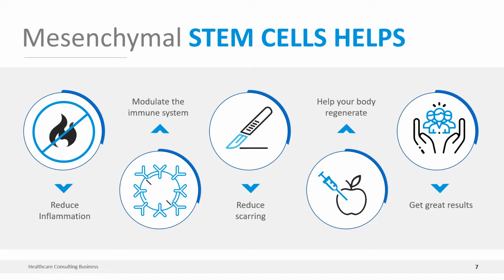The next thing they do is they help modulate the immune system. What does that mean? Well, a lot of people don't realize that the immune system plays a pretty active and important role in actually not just preventing you from getting a cold or pneumonia or a virus or a flu. It also has an important role to play in keeping your body going and repairing and being okay. So what happens when your immune system is too low?